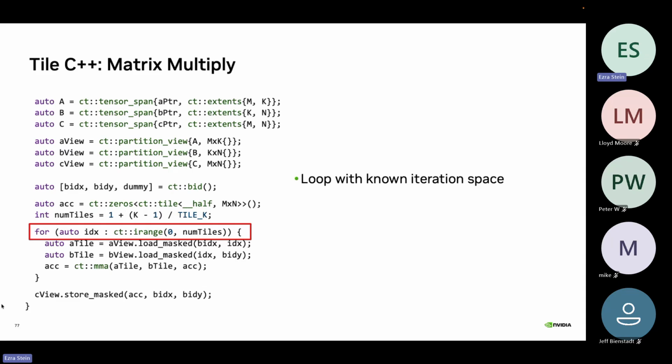The arguments tell it the lower bound of the loop, the upper bound, and there's an optional third argument for the step. If we use this as opposed to an unstructured for loop, we know immediately that this loop has a certain trip count, lower bound and upper bound. We don't need to go in and analyze the loop to figure that information out.